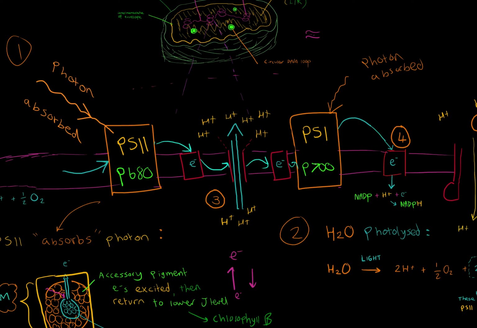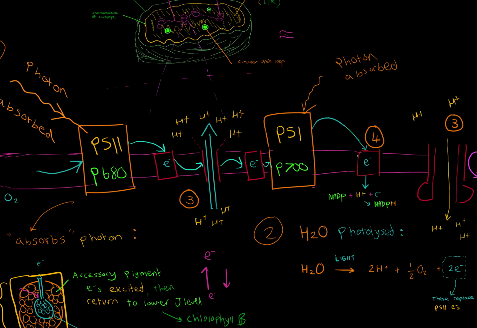PS1 is like, I think of it like a traffic jam. All the electrons can't move along this chain until an electron is released specifically from PS1, and then the electrons here basically move along electron carriers.